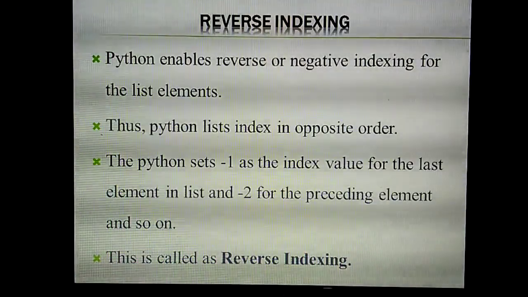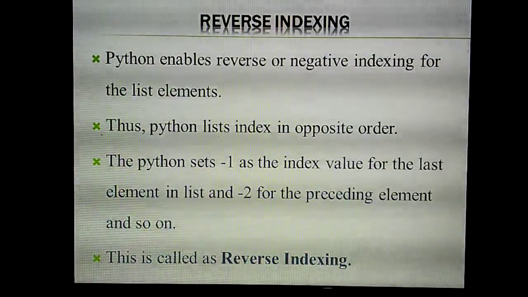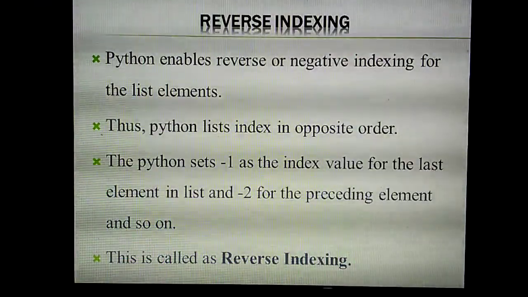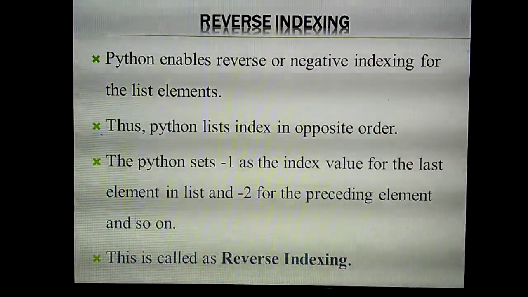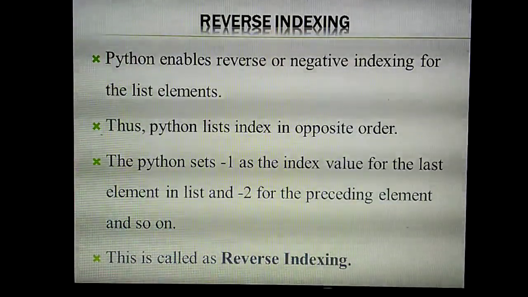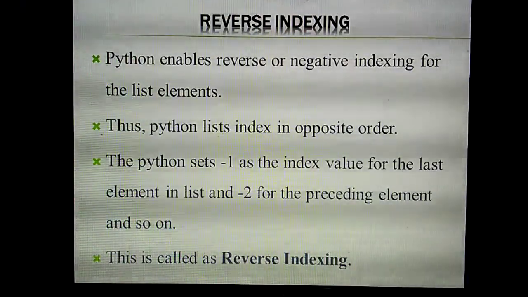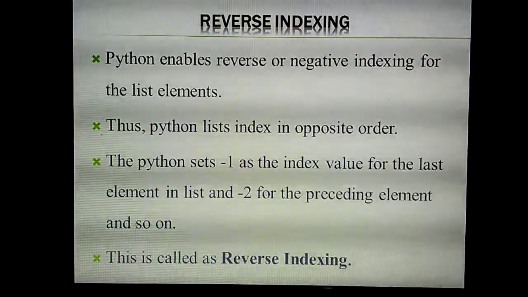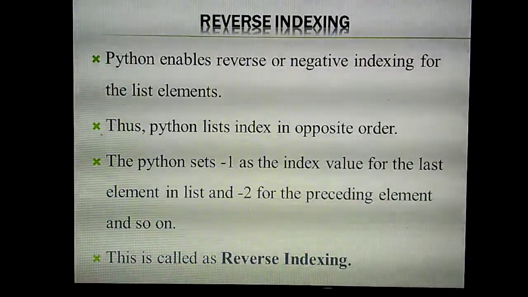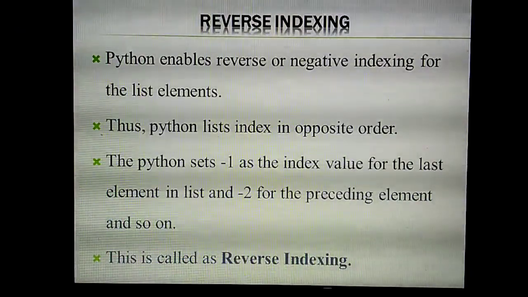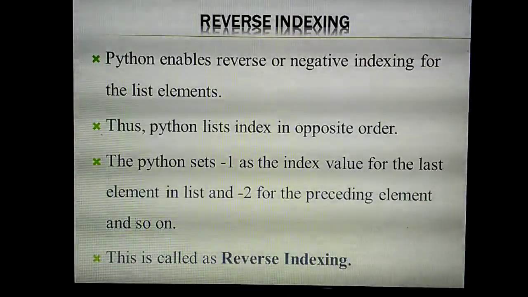Normally the index values start from the beginning of the list, from 0. But negative index always starts at -1 from the last, that is reverse order. You have already studied that.